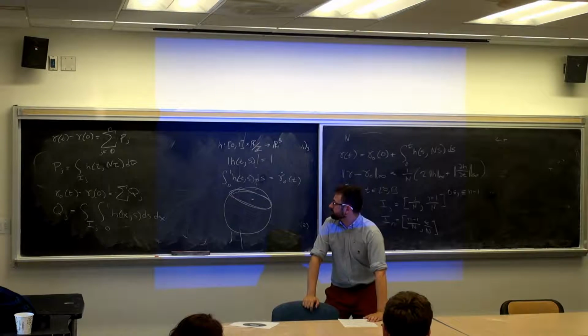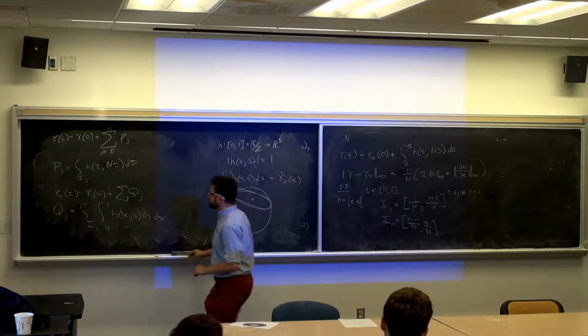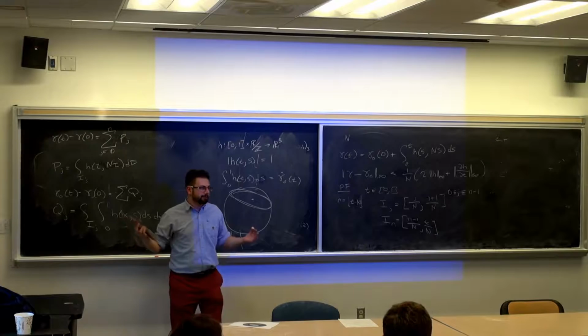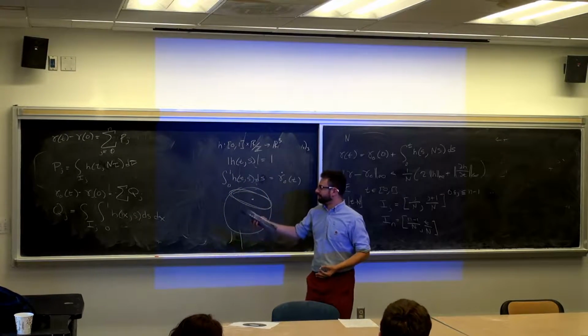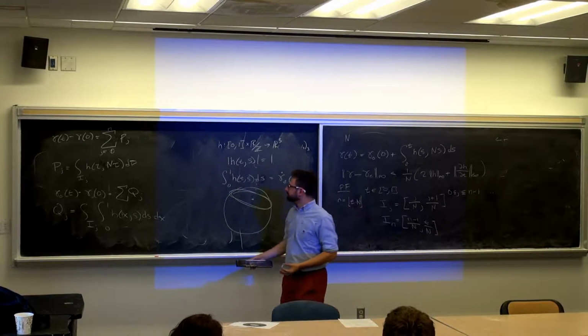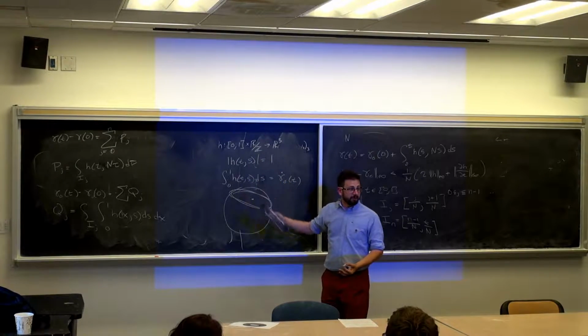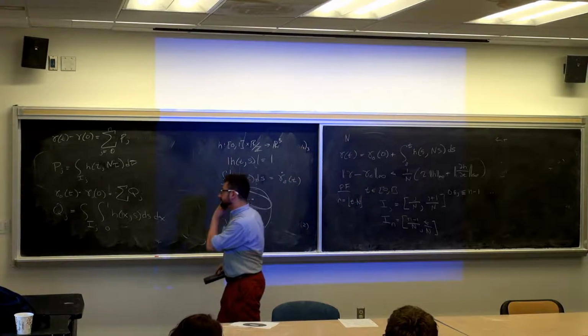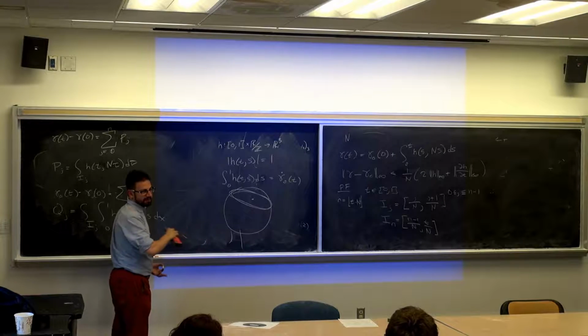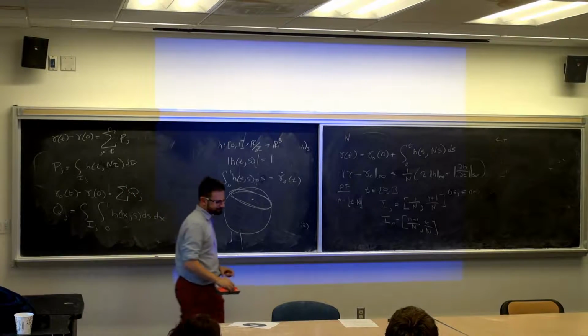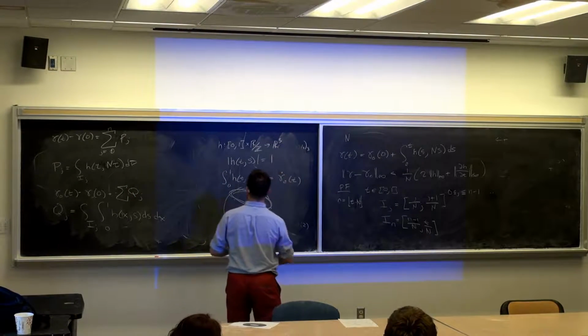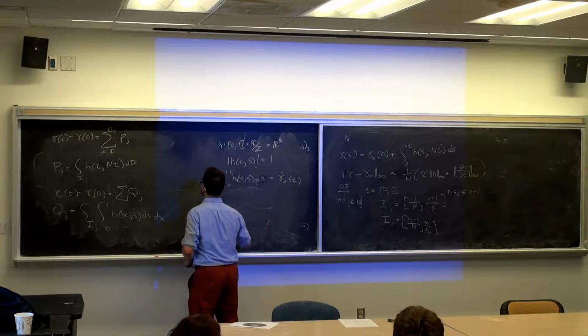And now we're just going to do a simple change of variables here. What we're doing here is exploiting the periodicity of h, which has frequency, or period, 1 over n.